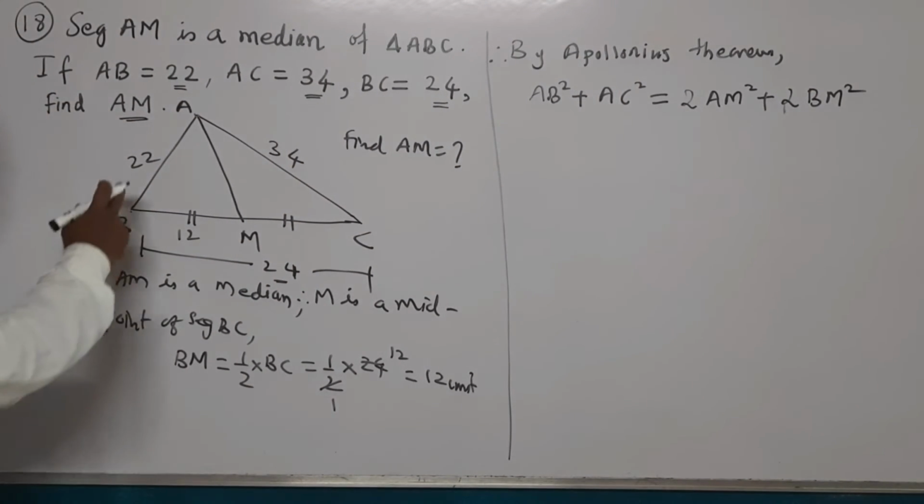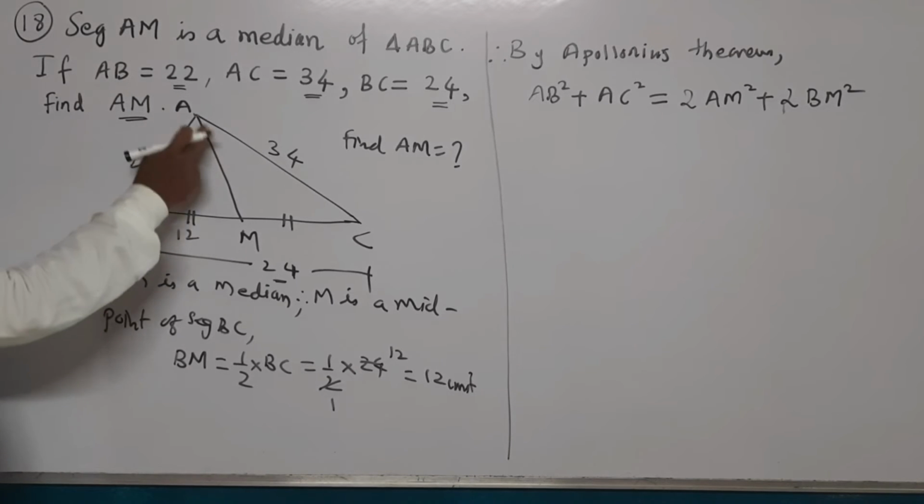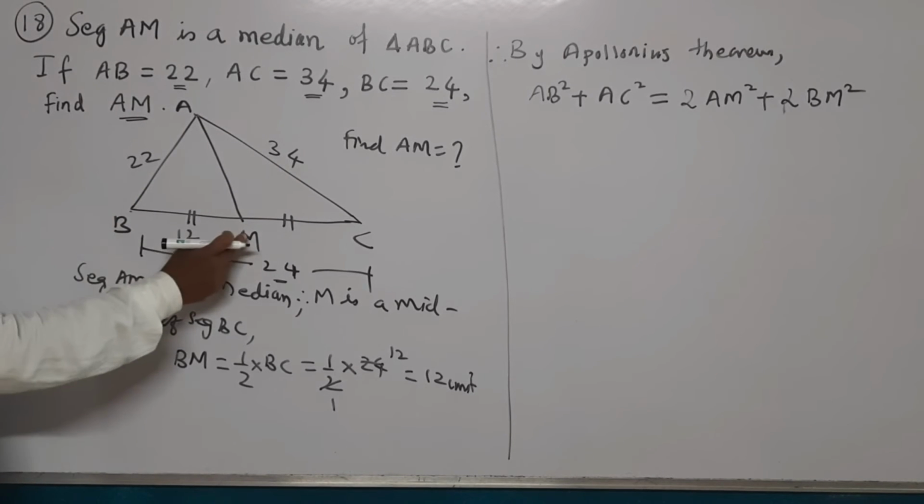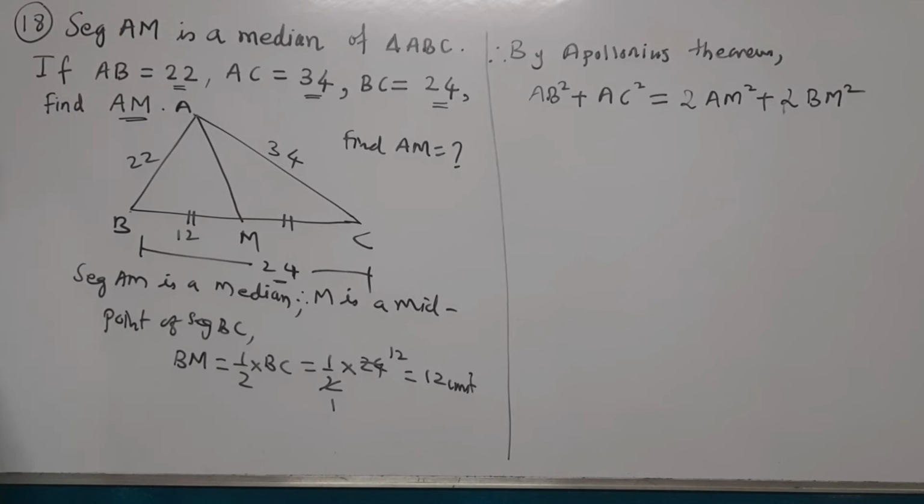Now substitute the values: AB 22, AC 34, BM 12, we have to find AM.